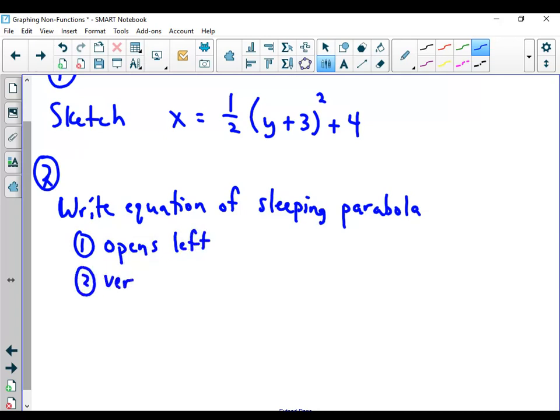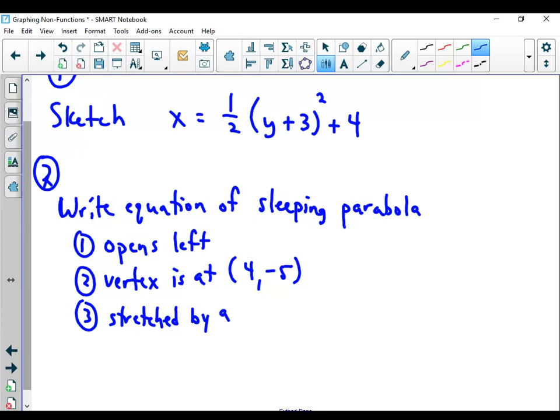The vertex is at 4, -5, and it's stretched horizontally by a factor of 5.